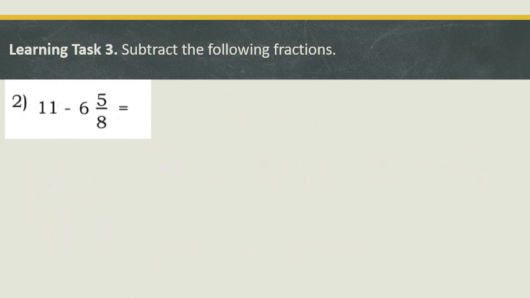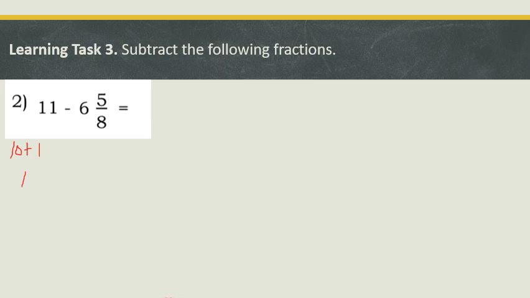Okay, number 2, 11 minus 6 and 5/8. So, yung 11, kailangan may fraction siya para minus natin itong 5/8. So, yung 11 magiging 10 plus 1. Yung 1, kailangan maging fraction. So, since ito ay 8 ang denominator, 8 din ang gagawin natin dito.